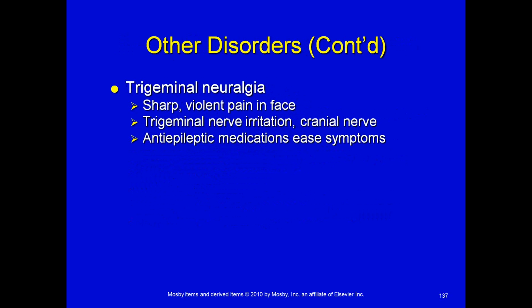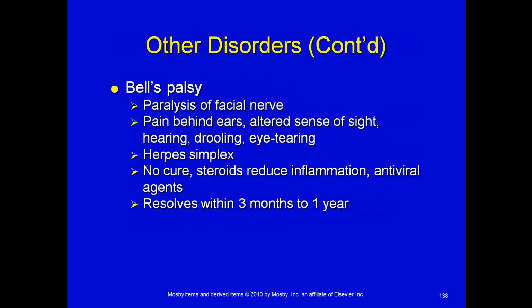So the trigeminal neuralgia is a very sharp, violent pain in the face. It's a result of trigeminal nerve irritation. Again, the trigeminal nerve is a cranial nerve, and for some reason, anti-epileptic medications help ease the symptoms of this.